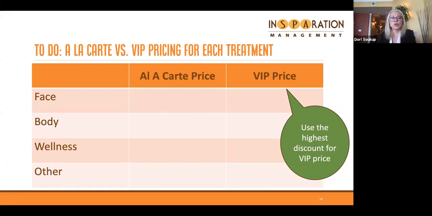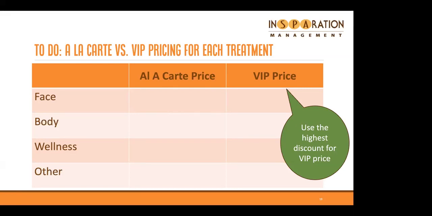Or in some cases, we want to add the 20% and then give the 20% away. So those are things that you have to really look at and see how you can make it happen, how we can give the discounts while you're still being profitable. So this would be an important thing to do, and see how much they would save and how much of a discount we can give them.